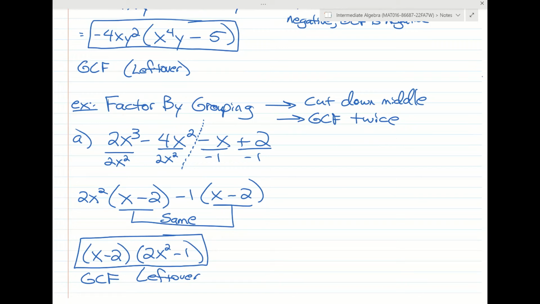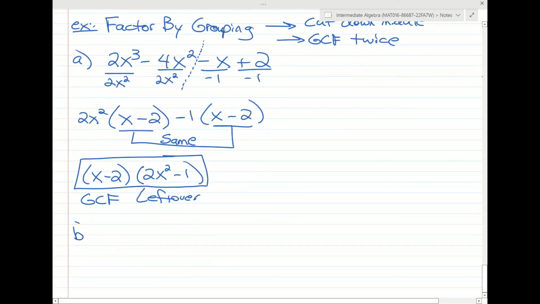Really, there's 3 GCFs. You had a GCF from the first half, a GCF from the second half, and now the GCF from this. Well, we'll do a couple more of these so you get the hang of it.